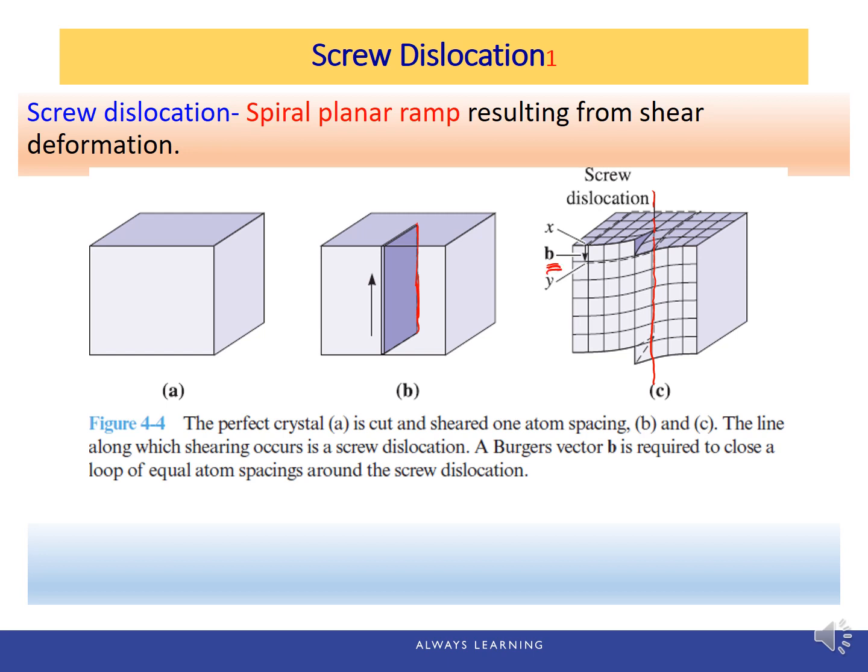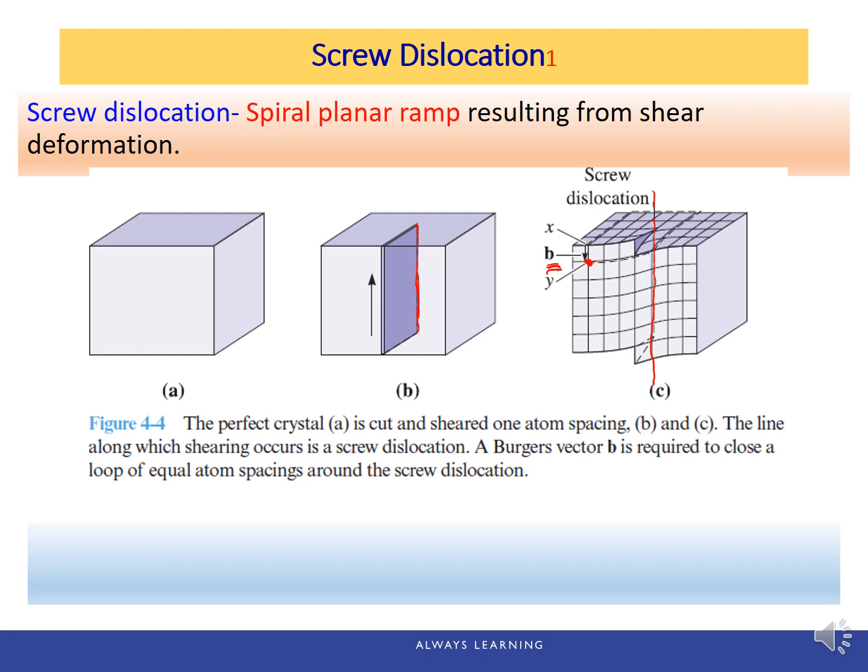Burgers vector. Okay, so if we take the same or equal atom spacing and draw a loop around this screw dislocation, we can start from this point.